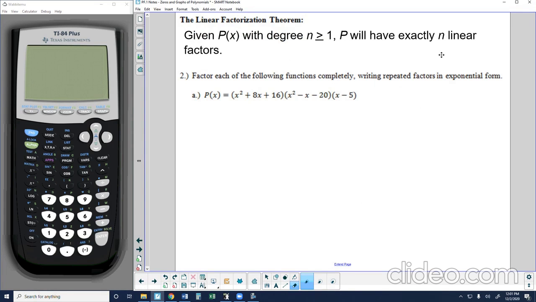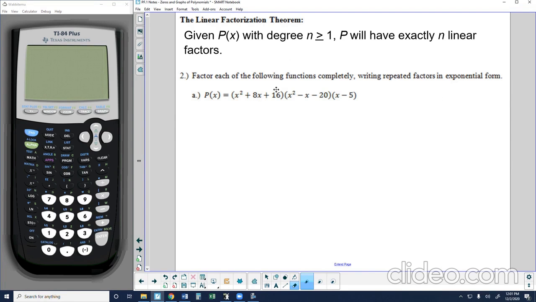So if it is of degree 3, it's going to have 3 linear factors. If the polynomial is degree 8, it's going to have 8 linear factors. If the polynomial is of degree 112, it's going to have 112 linear factors. This will be true for all polynomials that we are going to factor here in Algebra 2.